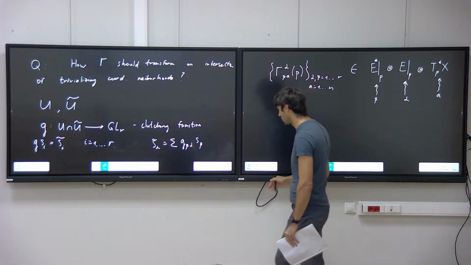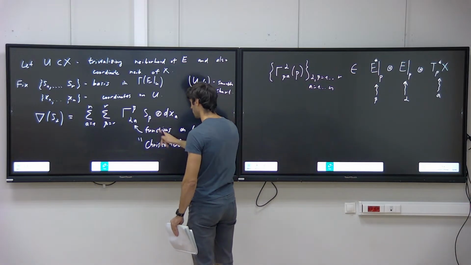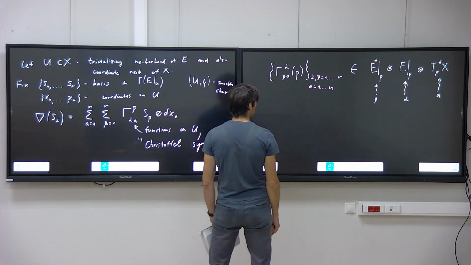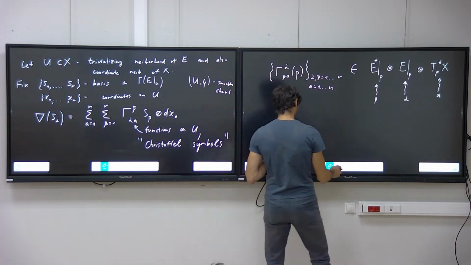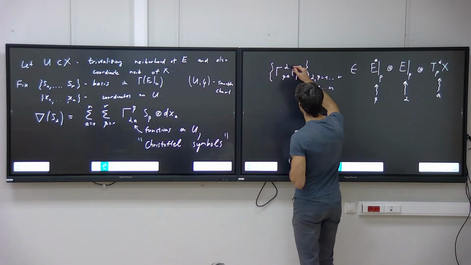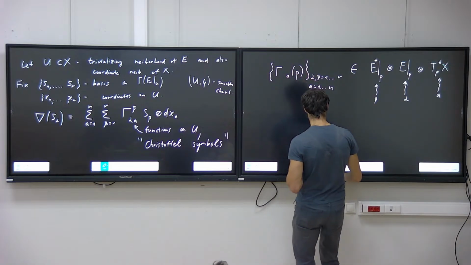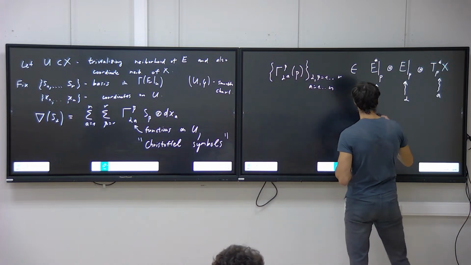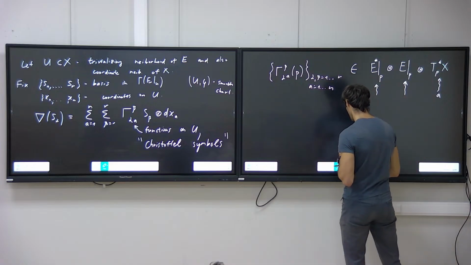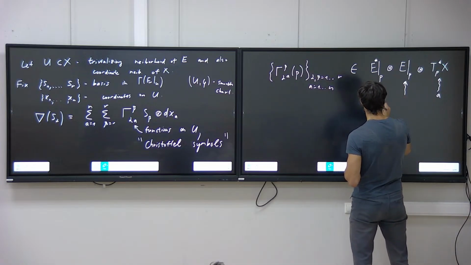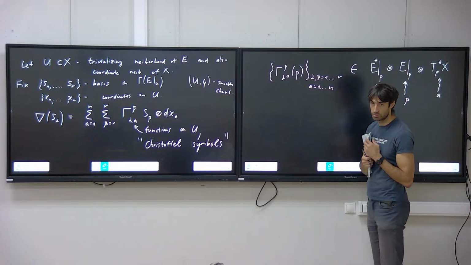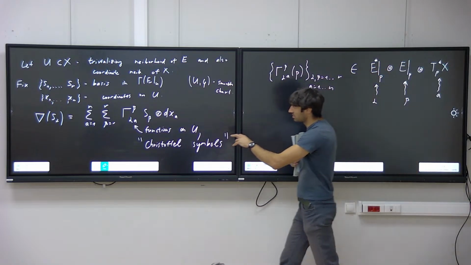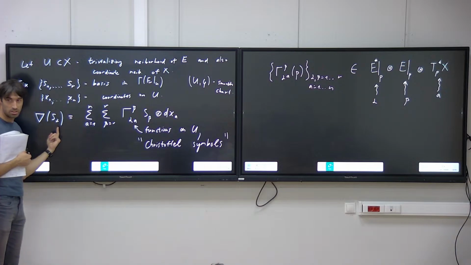So why is that? We need to go back to this. Sorry. So if I have beta alpha here, then I need to put alpha in here and beta in here. This guy is a section, and this corresponds to this index alpha.